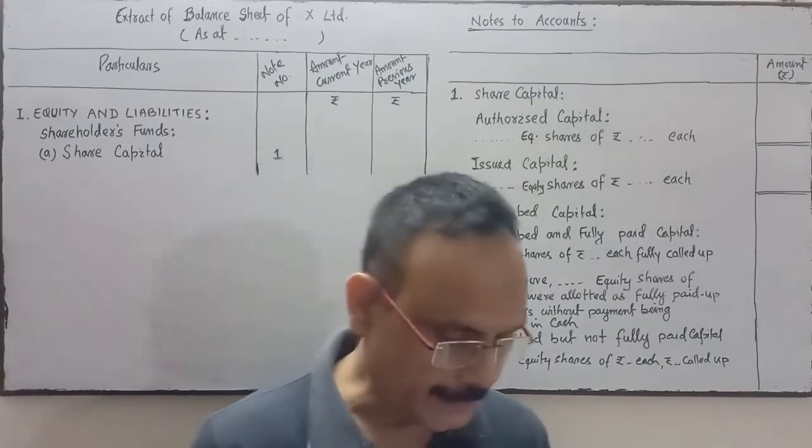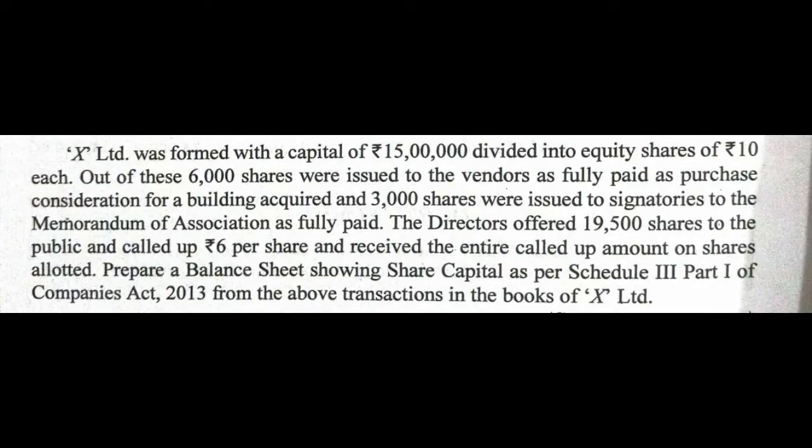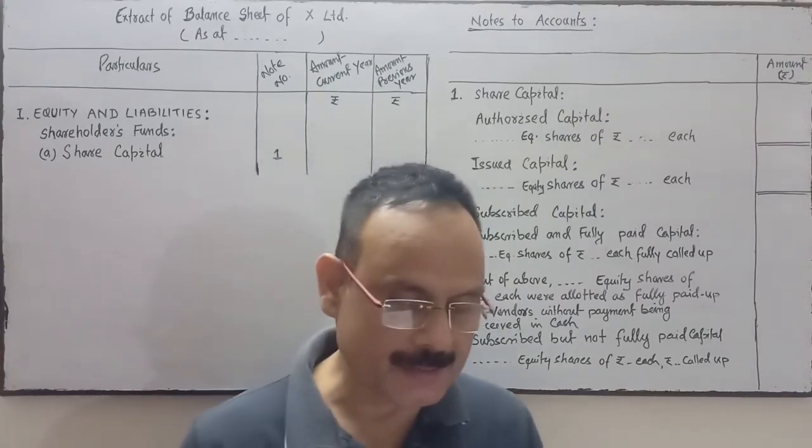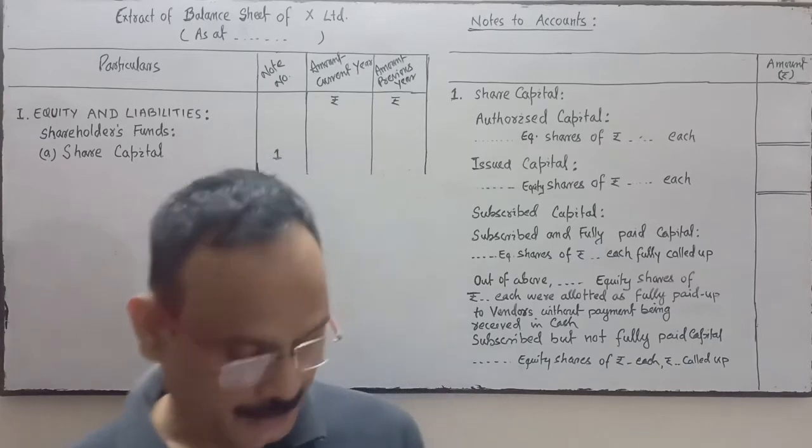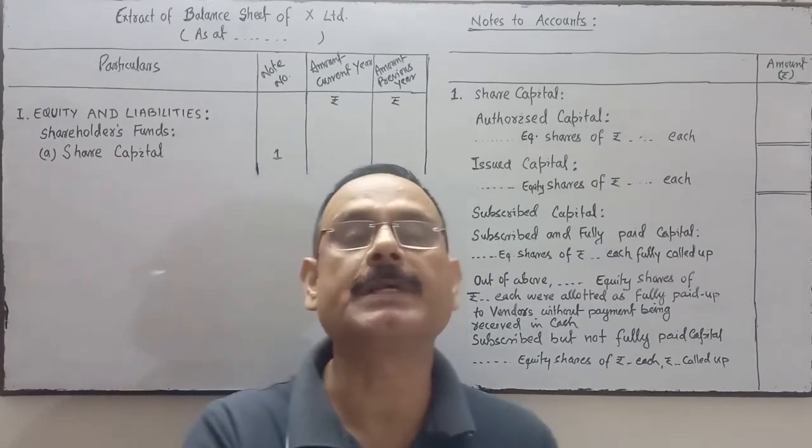So the question is: X Limited was formed with a capital of rupees 15 lakhs, divided into equity shares of rupees 10 each.